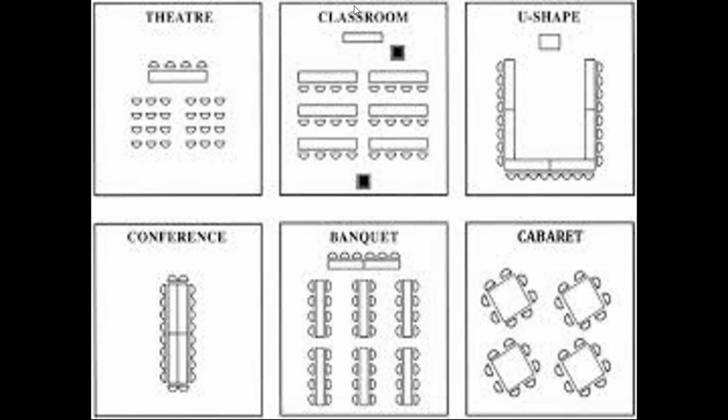So if we go to the top left-hand side first, and let's go clockwise around and talk about each. The theatre style is where you've got people seated in rows, and you and perhaps some other people in the meeting will sit at a head table.